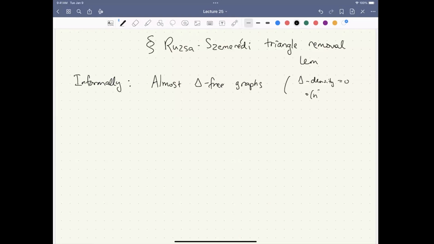In other words, there are little o. So when you have positive fractional triangles, how many would there be? There are n cubed possible triples. If 0 density, that means little o of n cubed of them form a triangle. So little o of n cubed triangles. That's what we mean by almost triangle-free. We can destroy all triangles of it, make it triangle-free by removing a negligible amount of edges.